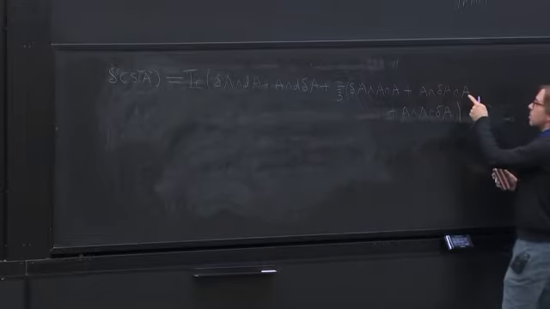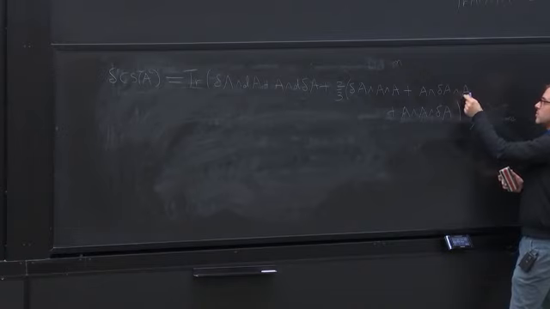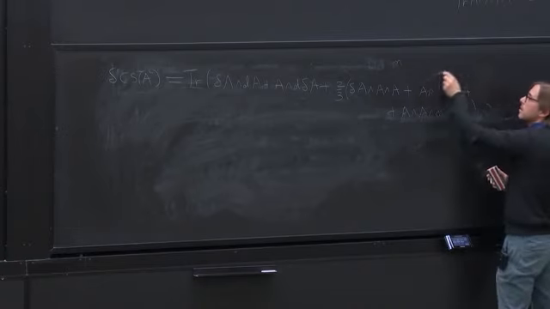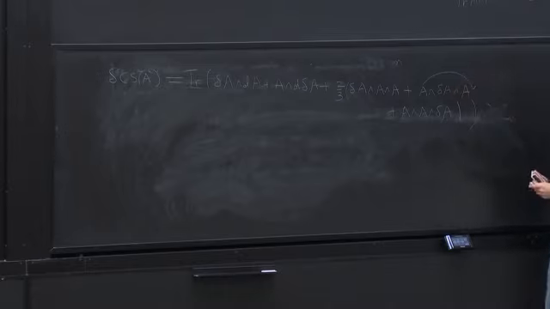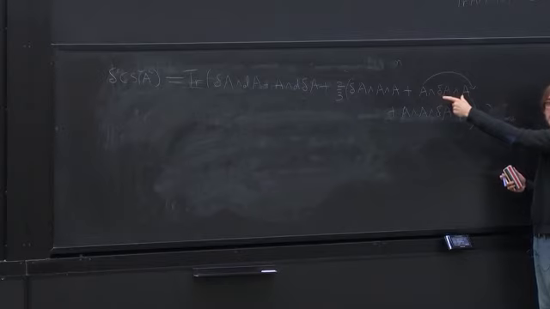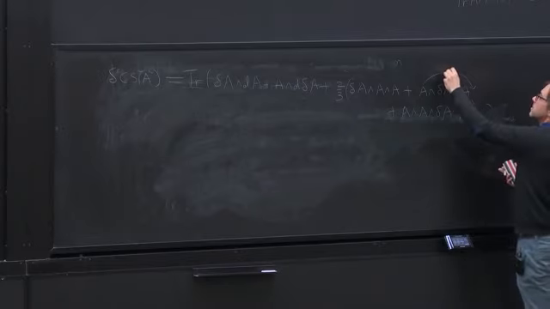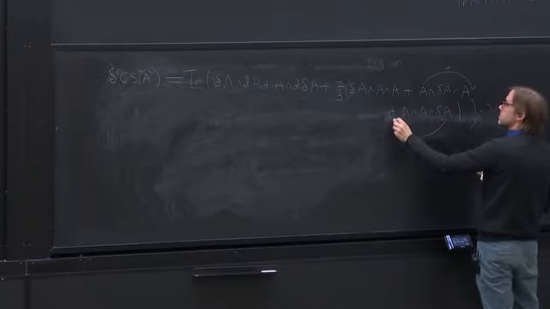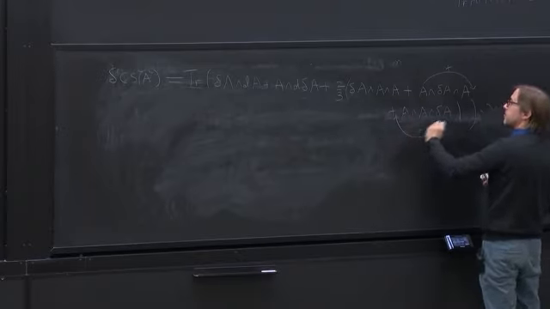For this one, we're only allowed to move one from one end to the other. I'm moving a one-form past two one-forms, which gives a sign of plus. For this one, I want to move this over here. That also gives a sign of plus.